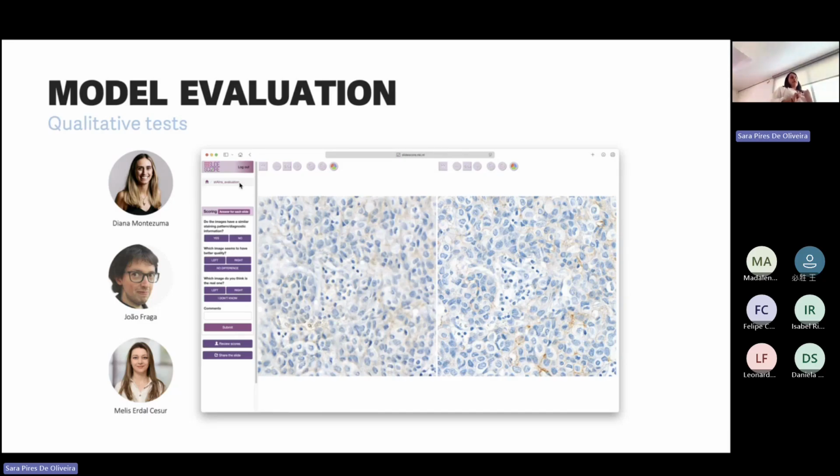And we asked them 3 questions. Do they have the same information in terms of pathological content? Which one has better quality? And which one is the real one? This is the question that we are most interested in, of course.